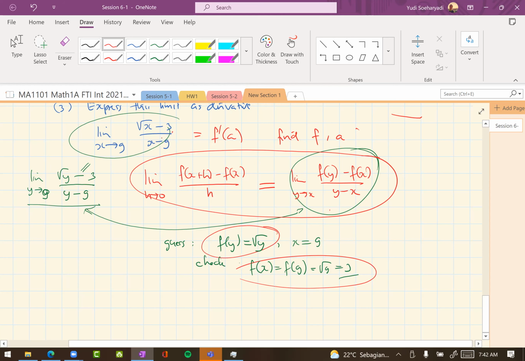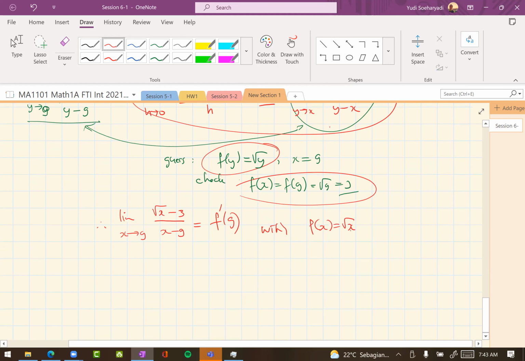So you get this one. So let's do this one now. It's actually f prime of 9, with f of x equals square root of x.